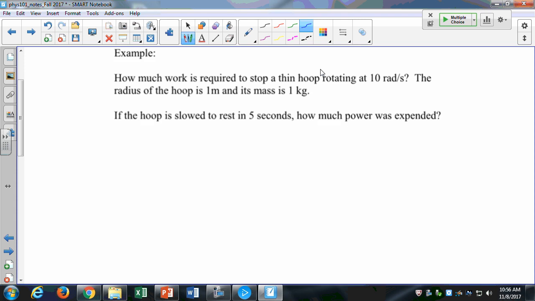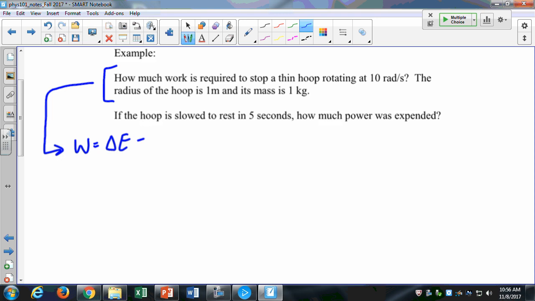All right, so let's look at this. I have a hoop that's rotating at 10 radians per second, and the radius of the hoop is 1 meter and its mass is 1 kilogram. First, I just want to know what work is required to stop this. Then I'll ask a couple of follow-up questions. The work is equal to my change in energy, so what is the change in energy for this object?